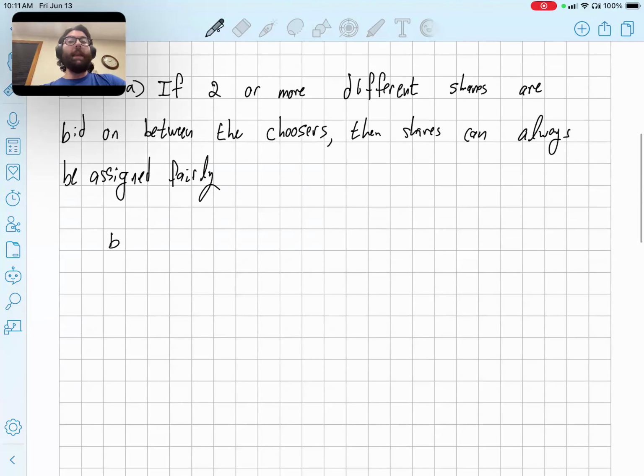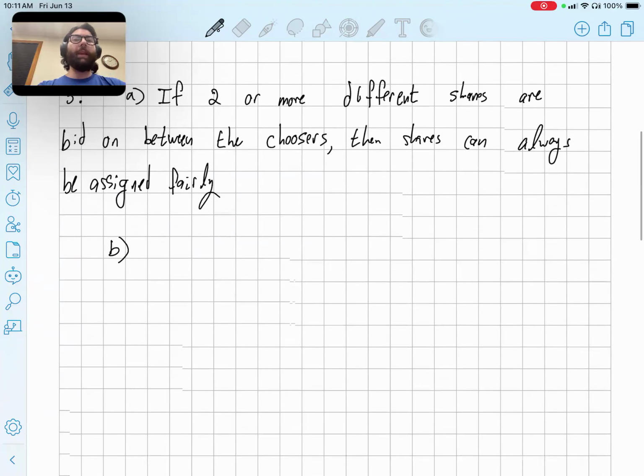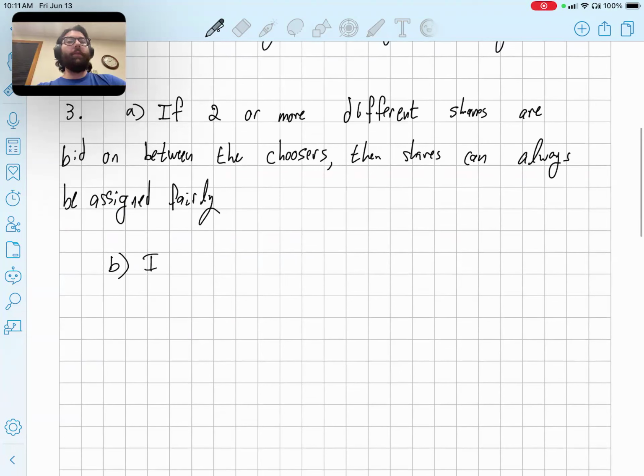Now, part B, so the second case is a little more complicated. So if in the first case, we have two or more different shares bid on between the two. So maybe the first chooser bids on share 1 and the second chooser bids on share 1 and 2. So the combined total, they've bid on two different shares, 1 and 2. It doesn't matter which one bid on which, you have at least 2. Now, if that doesn't happen, then that means that both choosers bid on the same share.